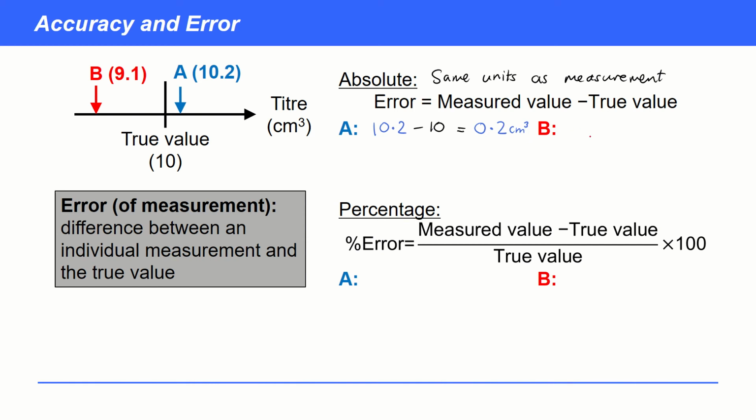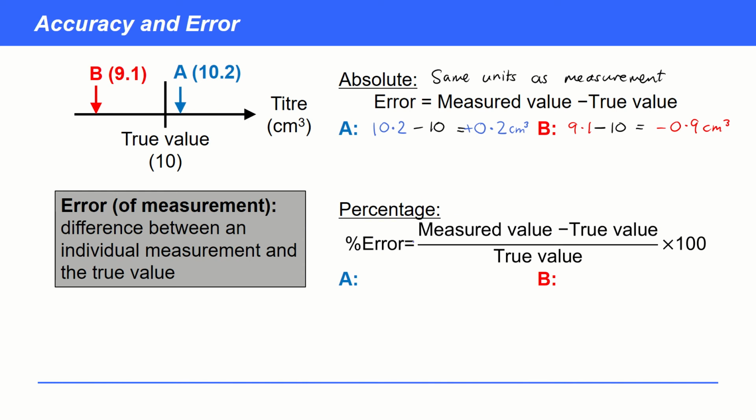Whereas for B, we would be doing 9.1, subtract 10, and the answer to that one would be minus 0.9 centimetres cubed. So notice that it carries a sign with it, and if you've got a negative sign, that means your value is too small, and if you've got a positive sign, which often you'd leave out, that means your value is too big.